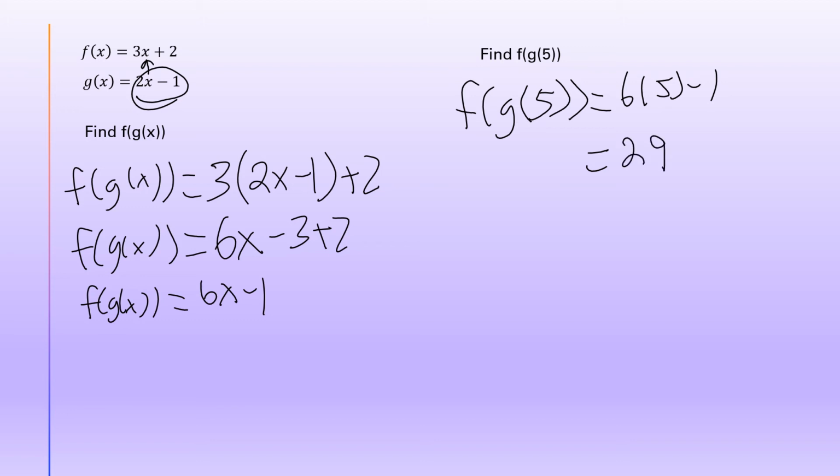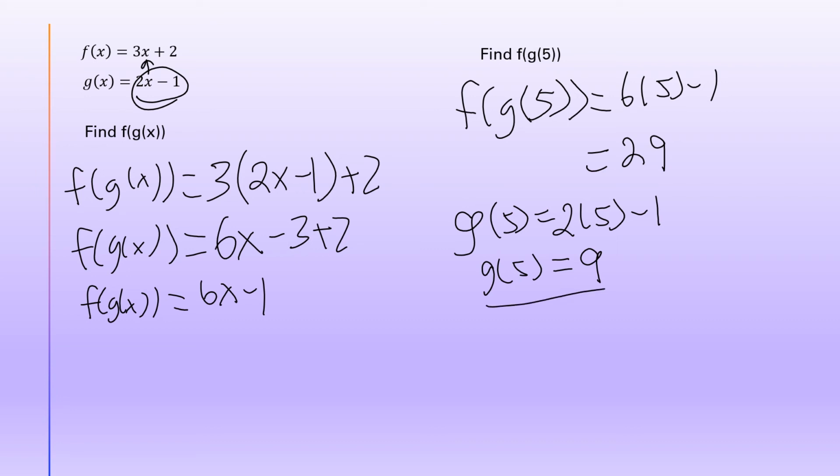Now another way we can solve this is by plugging in 5 for the function g of x, and then plugging in that answer for f of x. So let's try that. G of 5 equals 2 times 5 minus 1, so g of 5 equals 9. Since g of 5 equals 9, we can replace g of 5 with 9 in the function f.